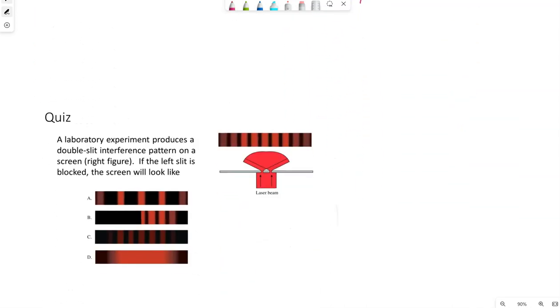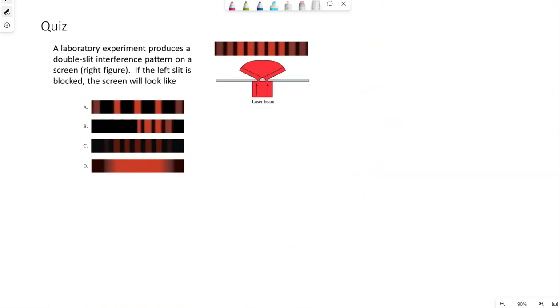Here is the next question. The correct answer is D. If we block one of the slits, then we now will only see the single slit interference pattern.